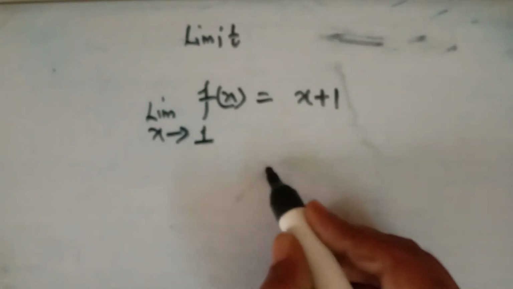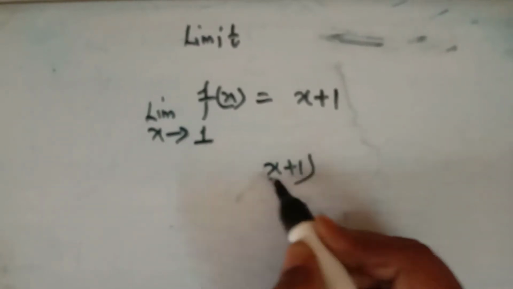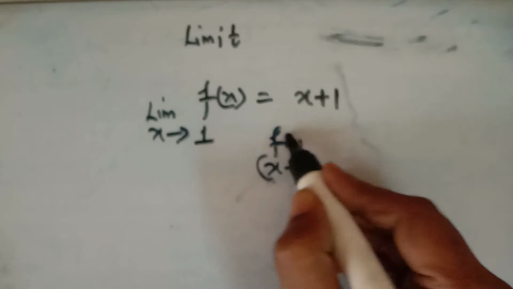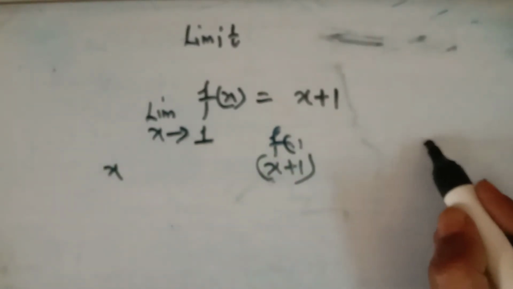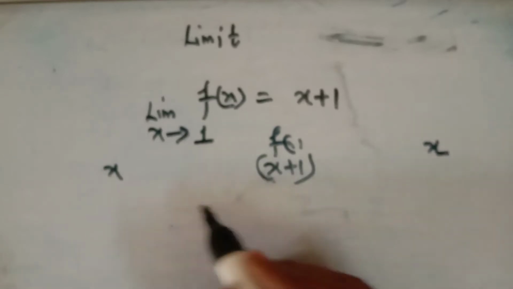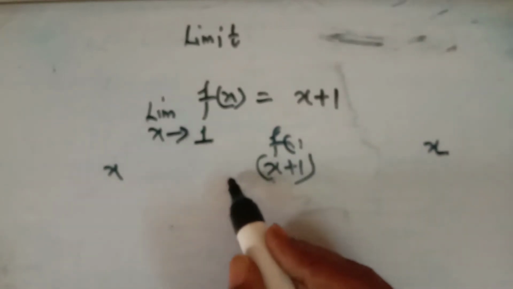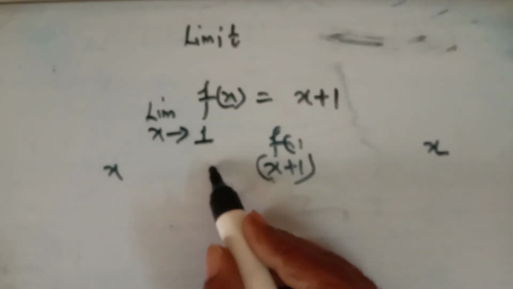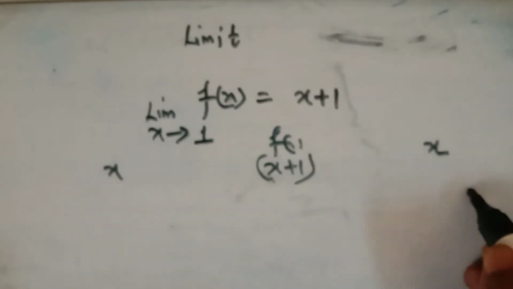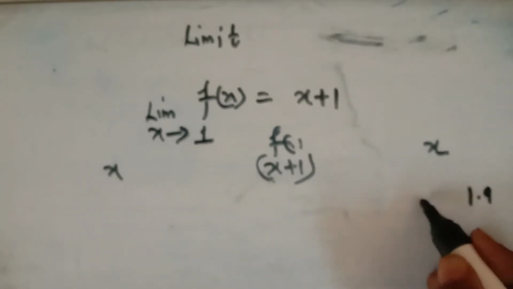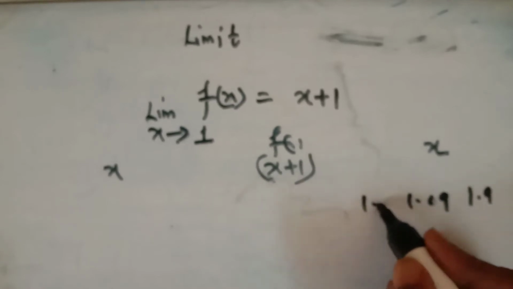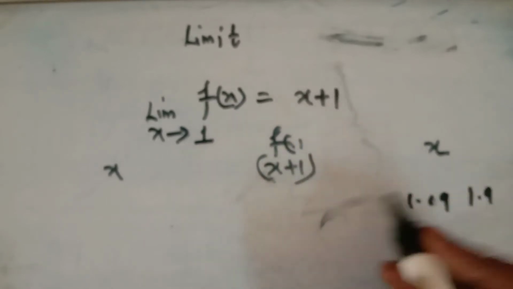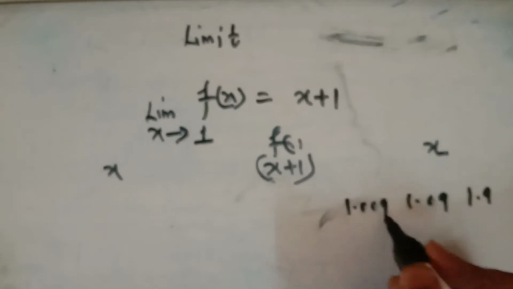Let us take this function x plus 1. The value of x is approaching 1 from the greater value of 1, that is 1.9, let us say 1.09, 1.009, and so on.